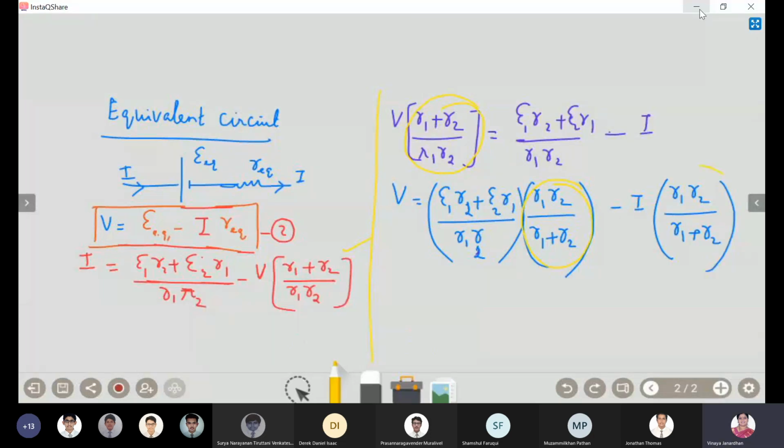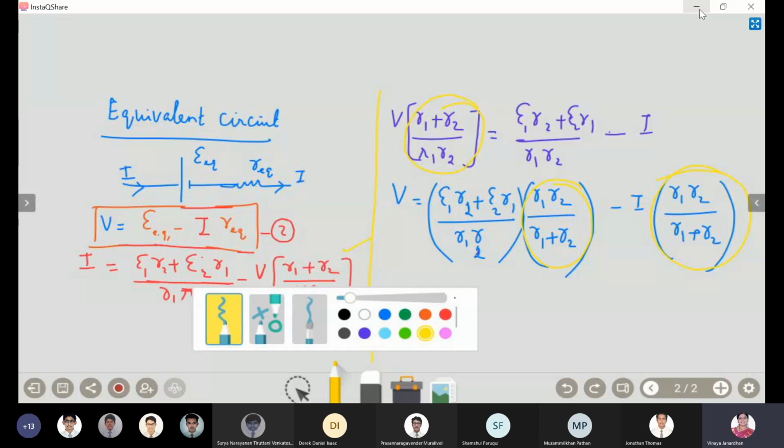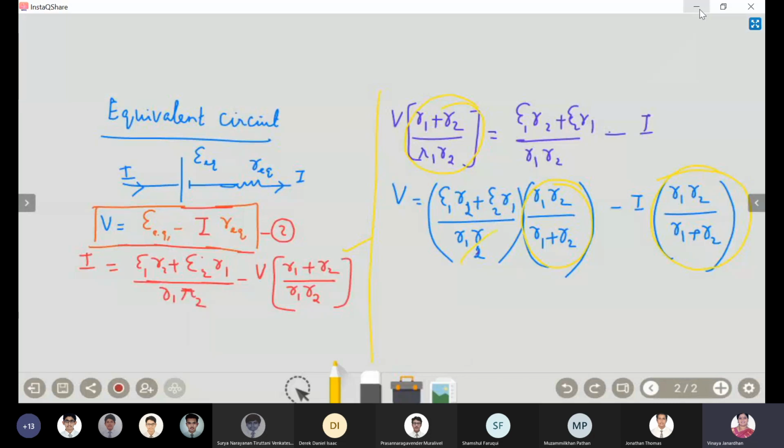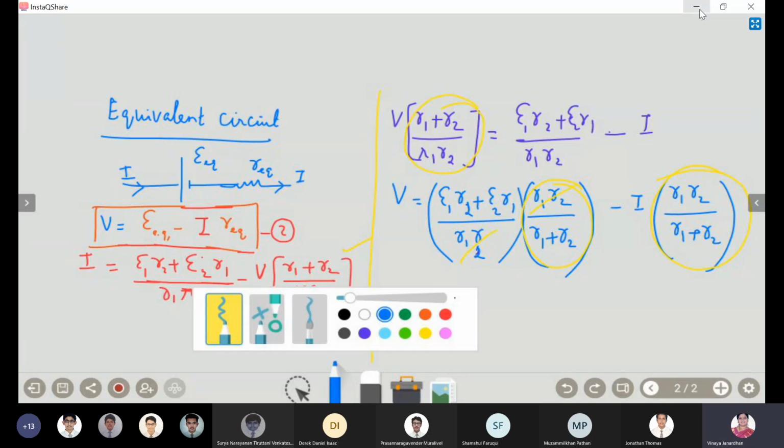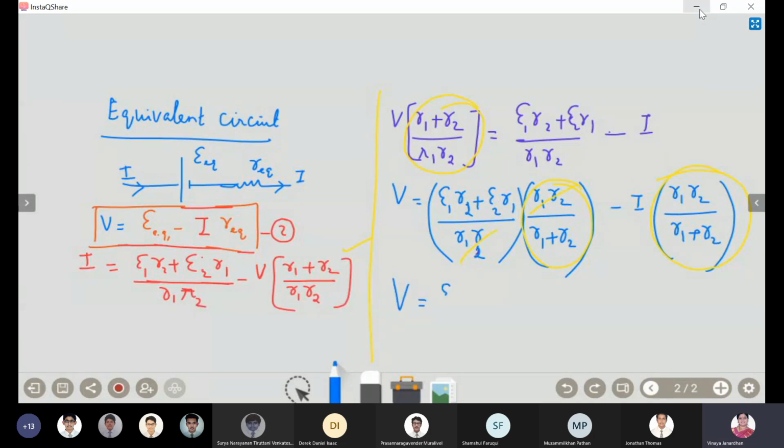Is anyone finding it difficult, boys? No, ma'am. Okay. So V becomes equal to E1 R2 plus E2 R1 divided by R1 plus R2 minus I into R1 R2 divided by R1 plus R2.